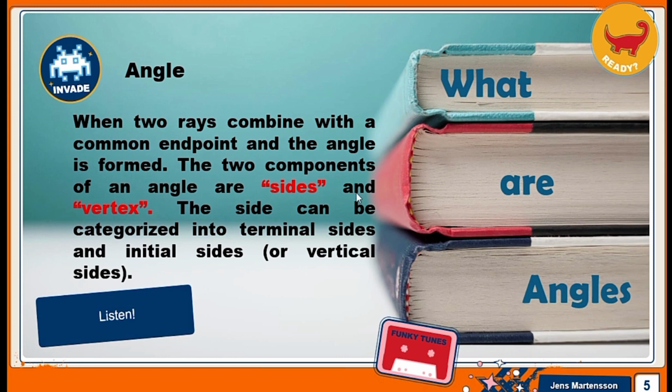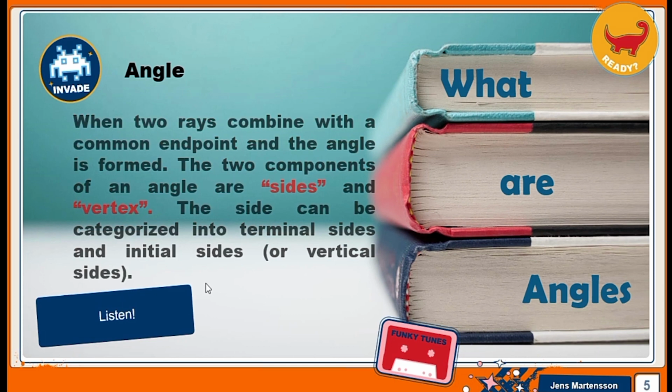The two components of an angle are the sides and the vertex. The sides can be categorized into terminal side and initial side. Do you get the definition of angle?